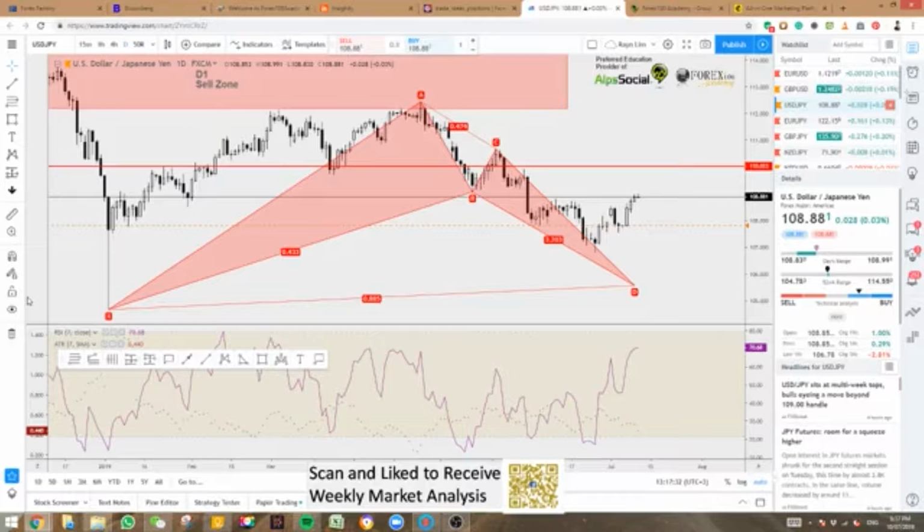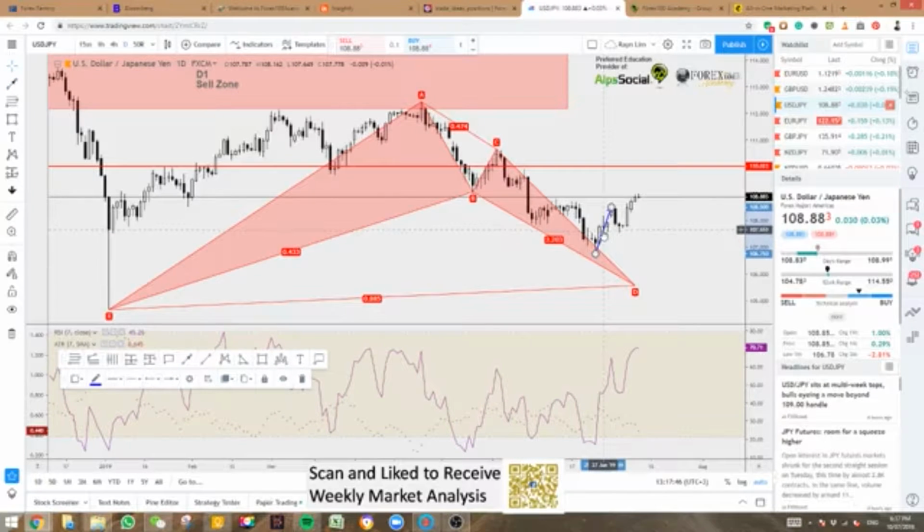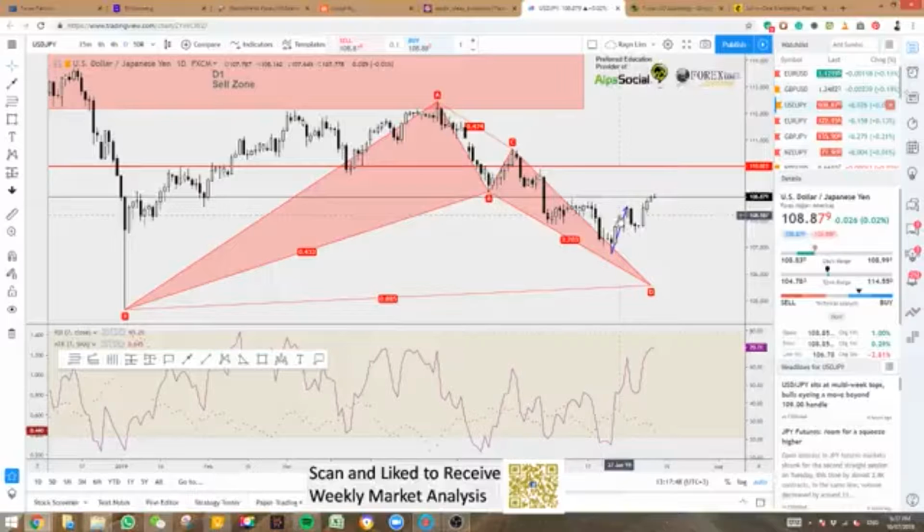On the daily chart, first up, we have a bullish bat pattern completing at 105.57. The next opportunity I have over here, have you spotted it yet?